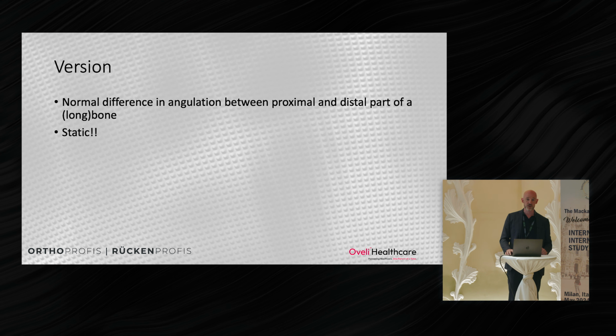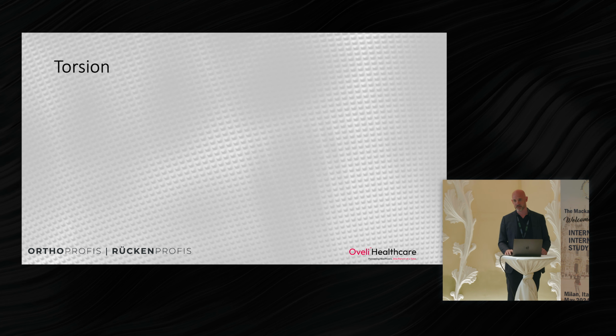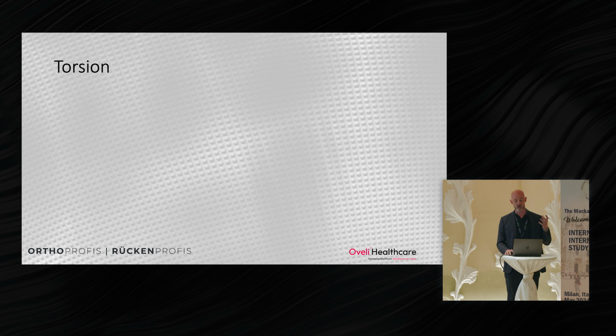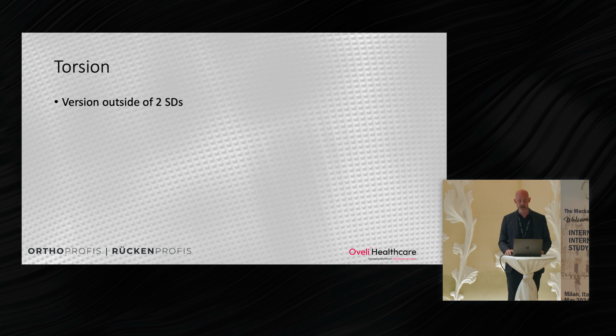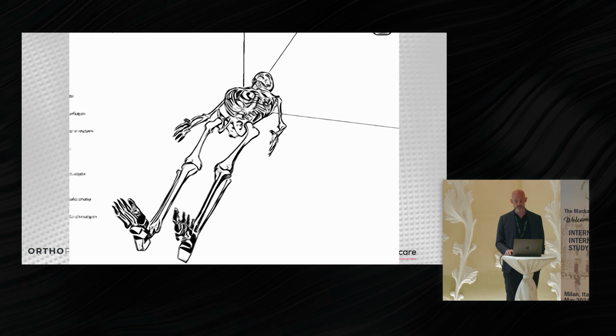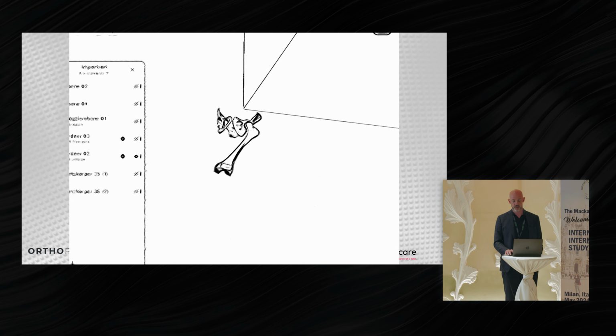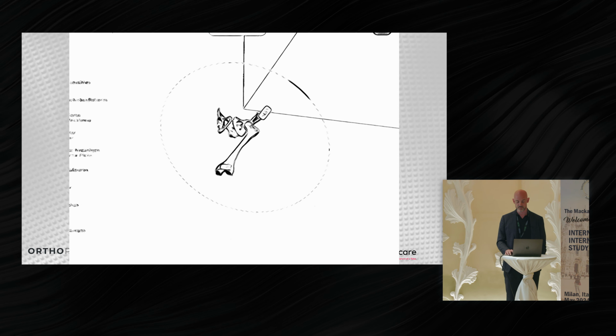And then there is torsion. And this is the version outside two standard deviations. So torsion is the pathological state of a normal version. So looking at this now, once again, that illustrates it better. What you see here is actually rotation.